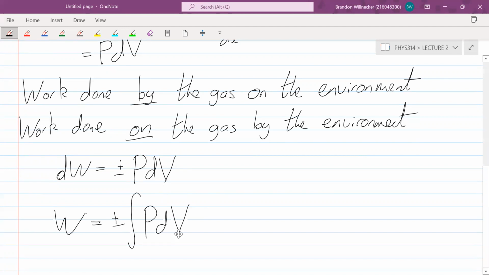So that's how we get the total work being done. Now, this depends on the path taken, right? Because it's an integral of P dV. It might depend on the process taken.